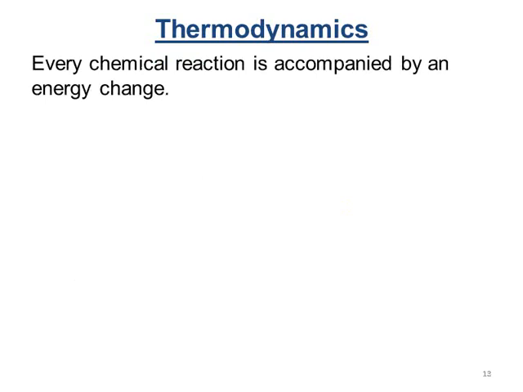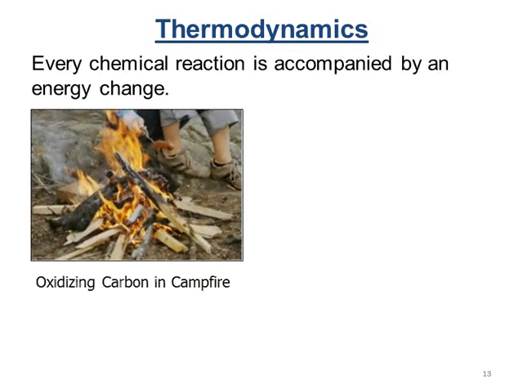From a chemical sense, every chemical reaction is accompanied by some energy change. For example, as we all have seen, the campfire. We love campfires. Well, what's actually happening there is a chemical reaction in which carbon from the wood is being oxidized and it's giving off heat.